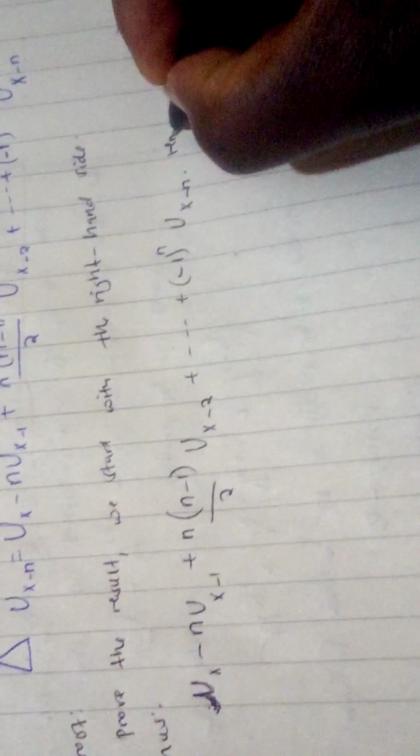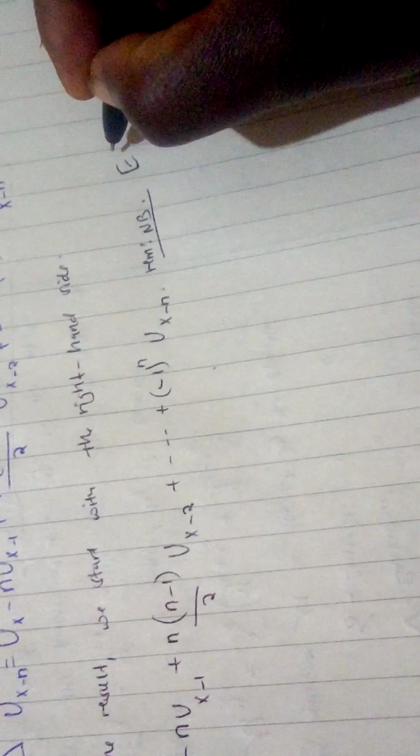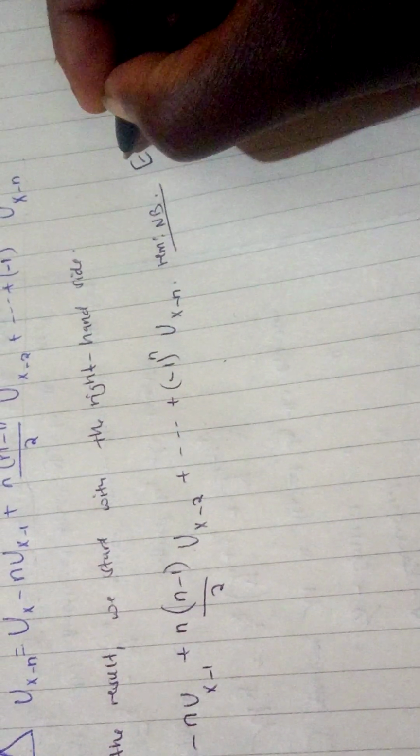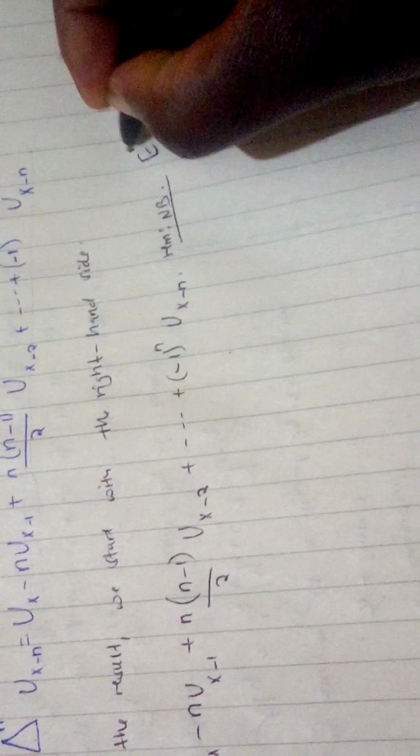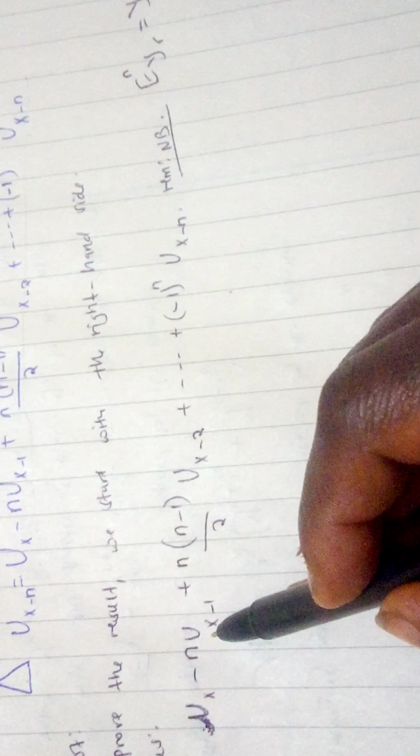u(x minus n). And before we continue, remember, this is a short NB. I love reminding my students about this. We have the general equation for the shift. When we are talking about symbolic relations, we said that the general formula for the shift operator is E to power n acting on the functional value y_r is equal to y_(r plus n).